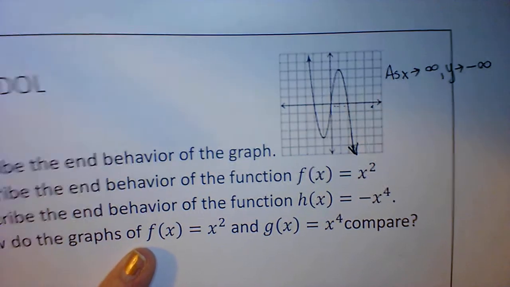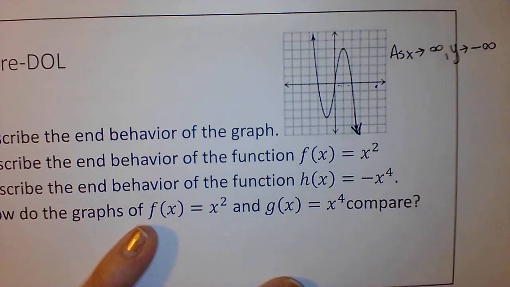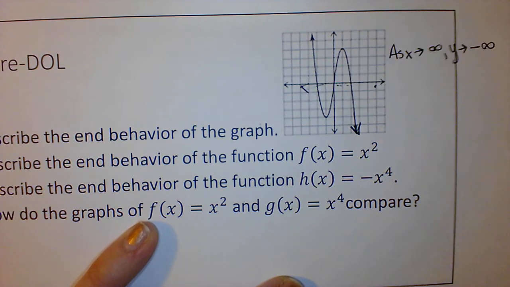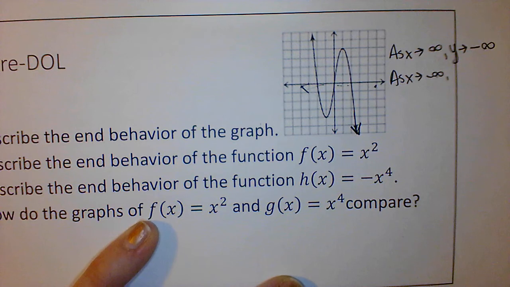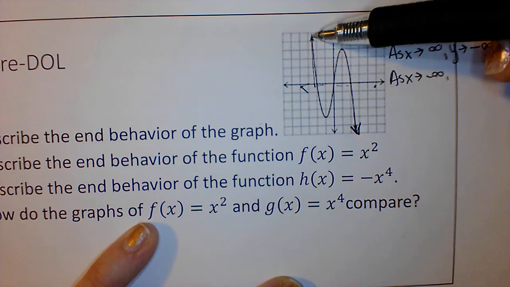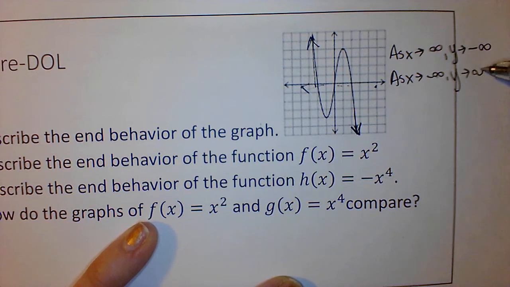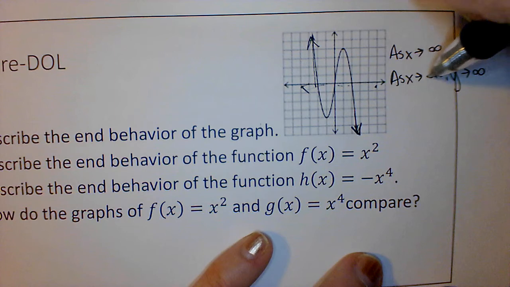Second part, my bad, we didn't finish that one. As we go to the left, as x approaches negative infinity, it looks like our graph is going up. So y is approaching infinity.